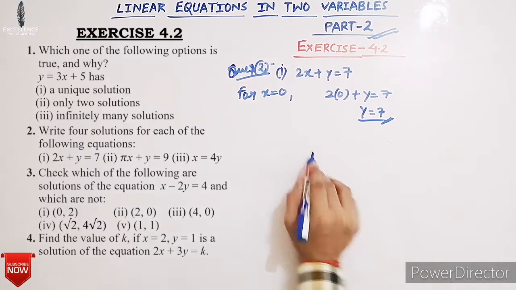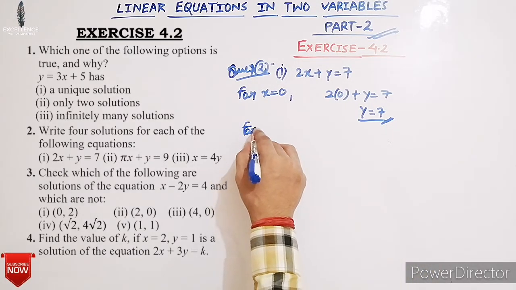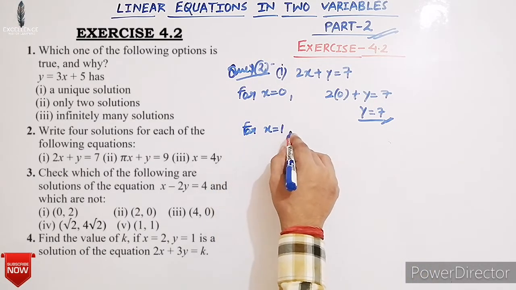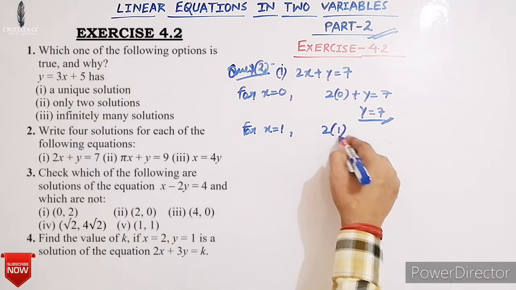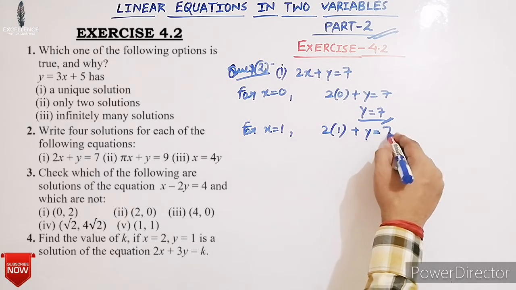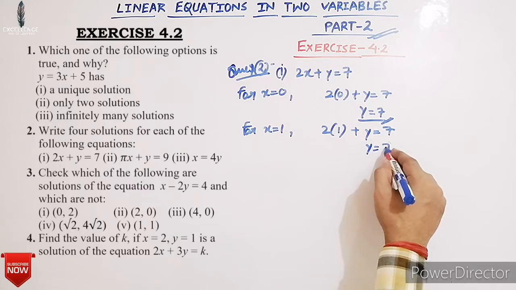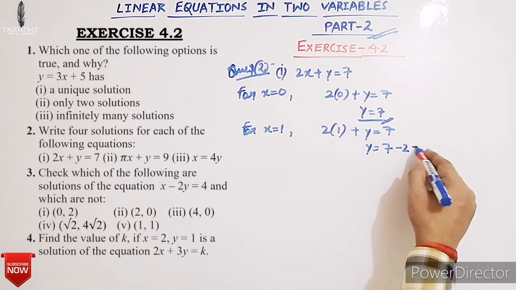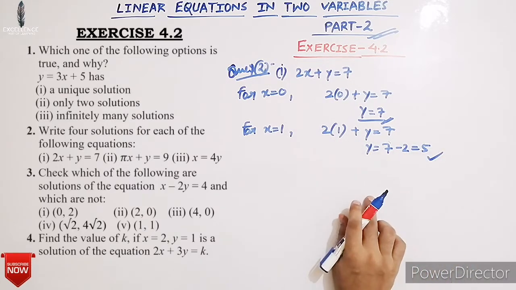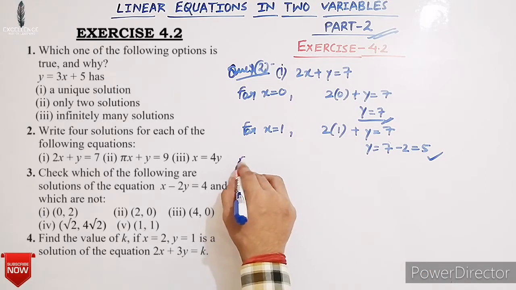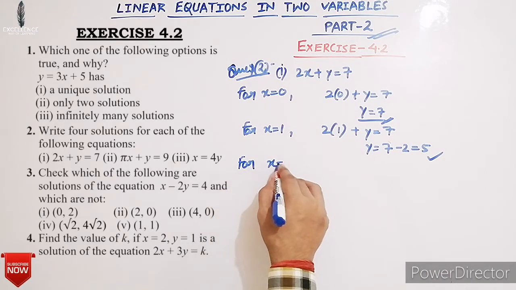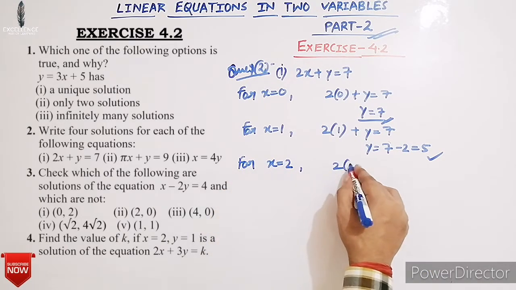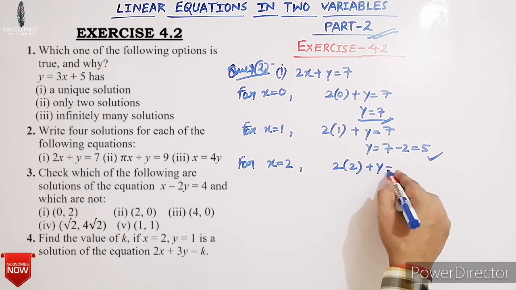Okay. Now for x is equals to 1, we have 2 into 1 plus y is equals to 7. Then y is equals to 7 minus 2, that is equals to 5. Now for x is equals to 2, we have 2 into 2 plus y is equals to 7.